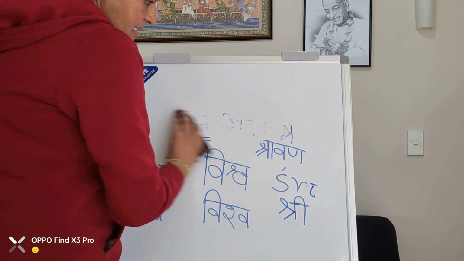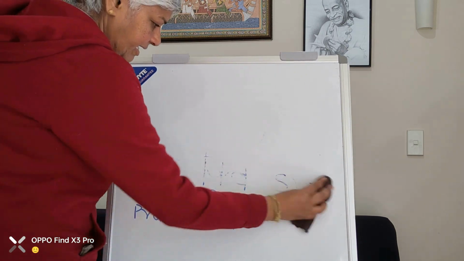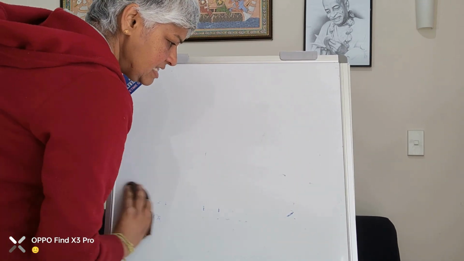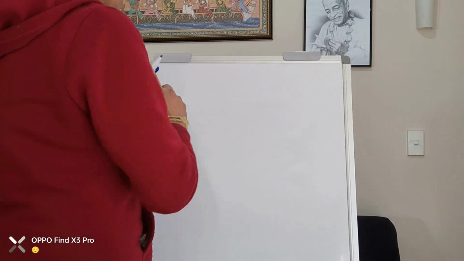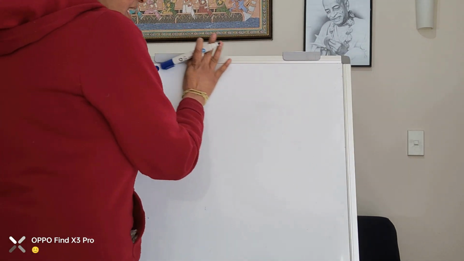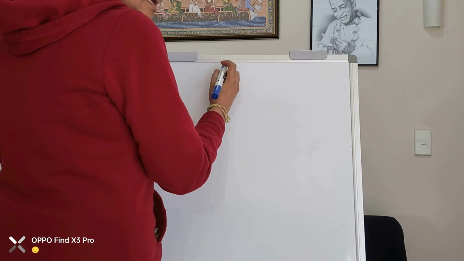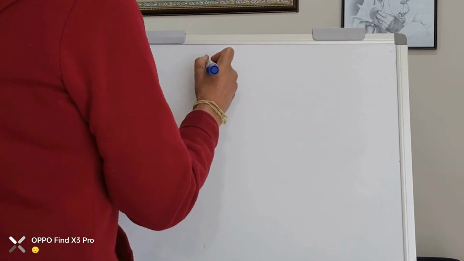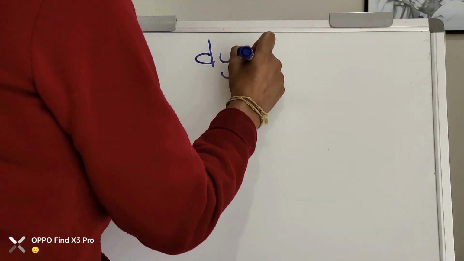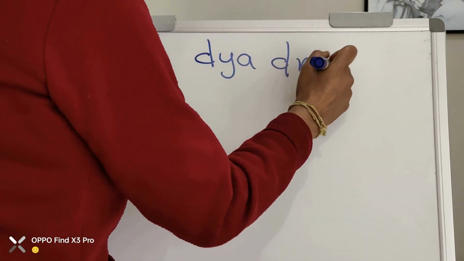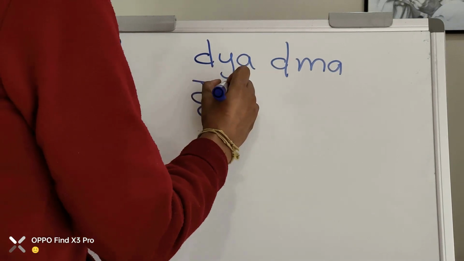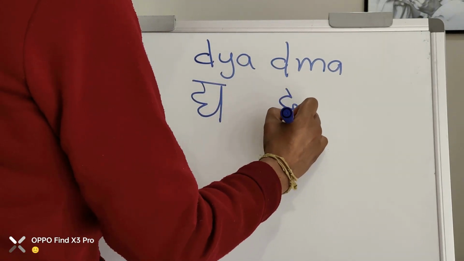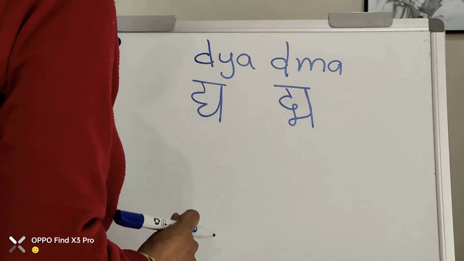The next alphabet we're going to look at is dd. Okay, by itself. Remember, we already looked at dma and dya. Very good. We already saw dya and dma. Dya is written dya and dma. Very good.